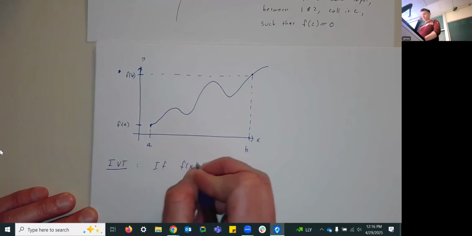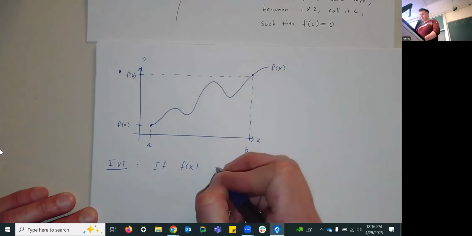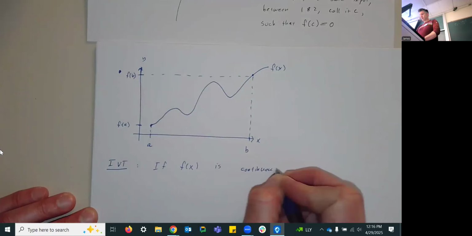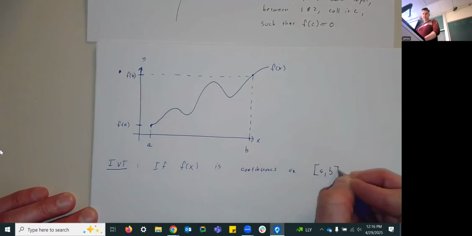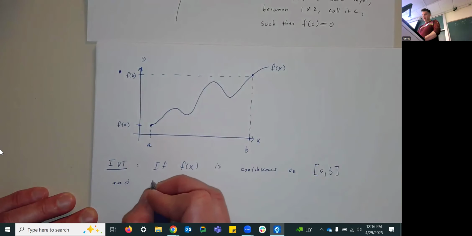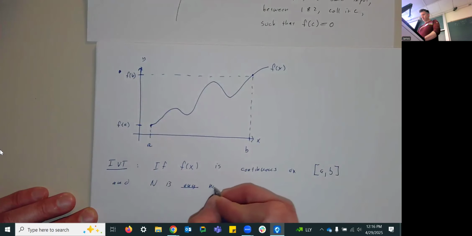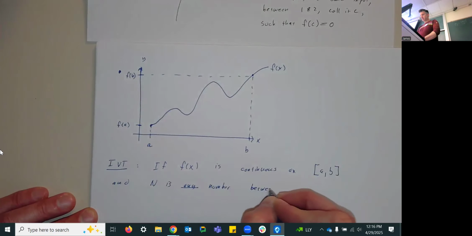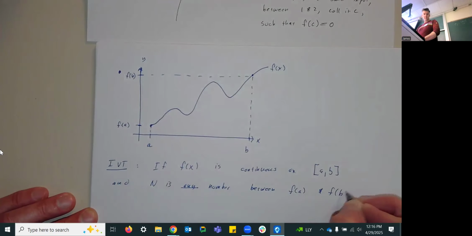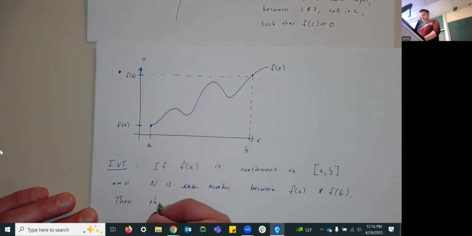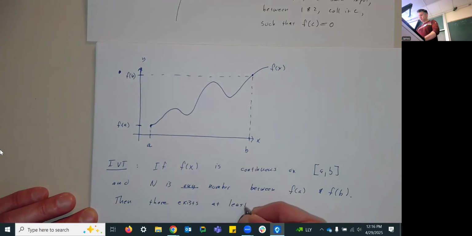If f of x, which is what we're calling this function, is continuous on the closed interval from A to B, and n is any number between f of A and f of B, then there exists at least one, but there might be multiple, at least one number which we call C. C lives between A and B, such that f of C is equal to that number n.